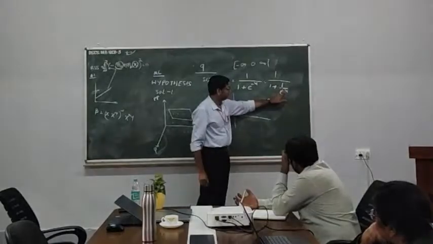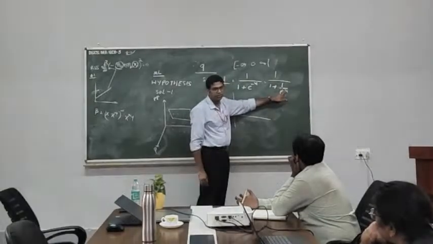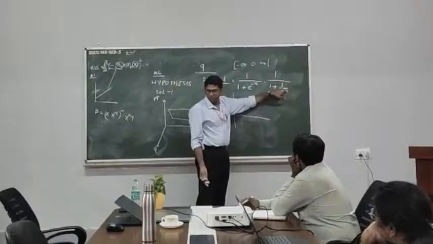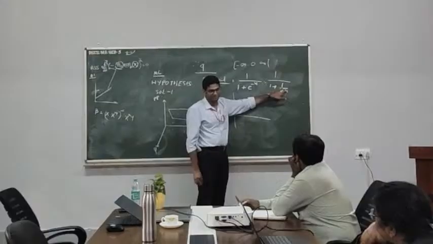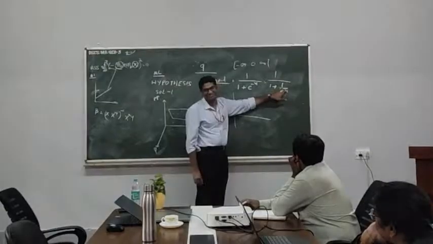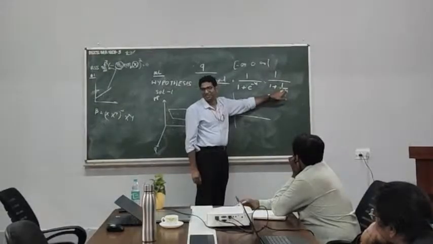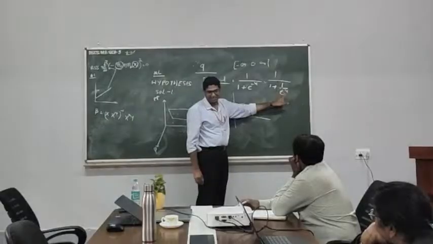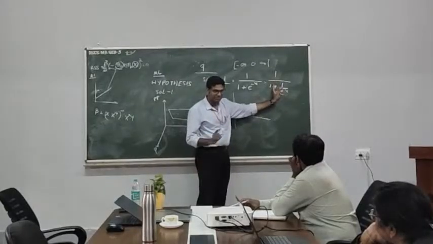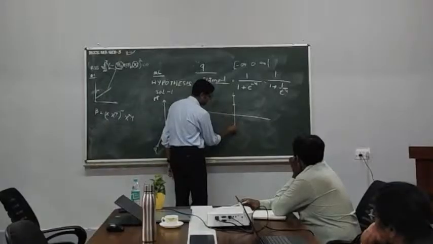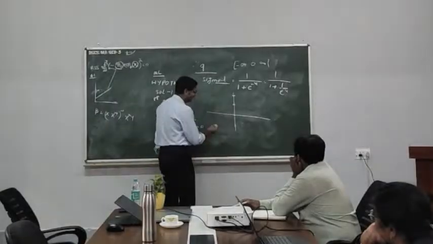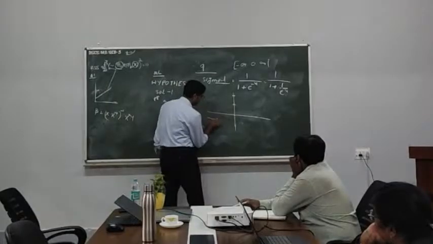If I put infinite, something to infinite is 0, so 1 by infinite. So it is 1, and then definitely it will be minus 1 on the other side, right? So you see your curve.